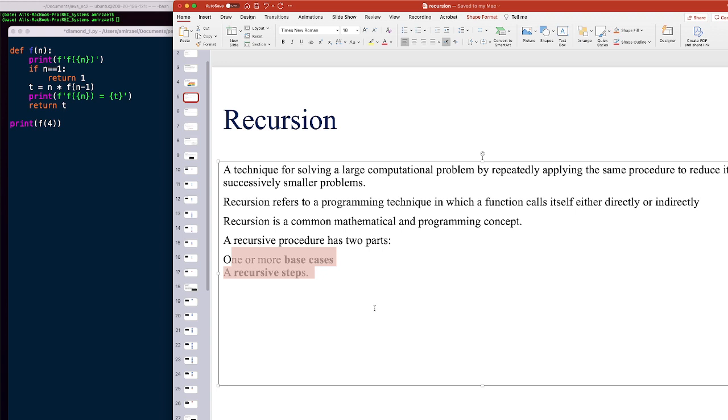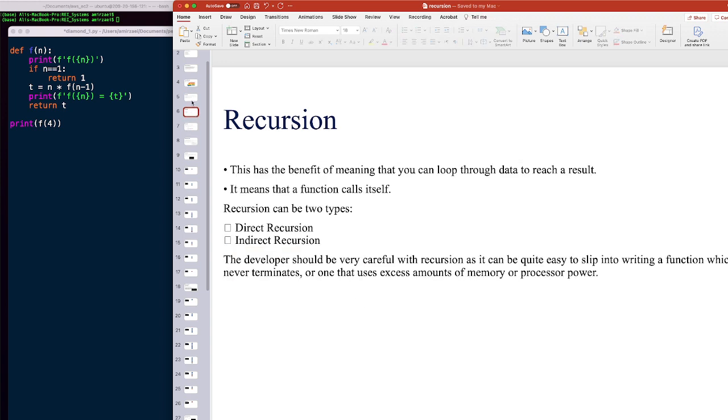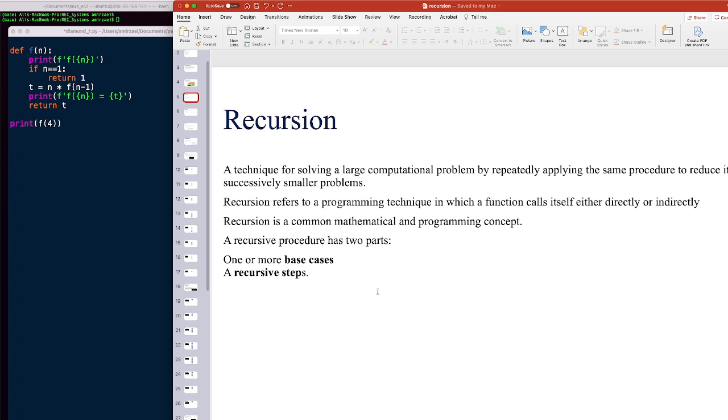So, the base case is a very special case of the problem statement that we want to attack, for which we already know the answer.